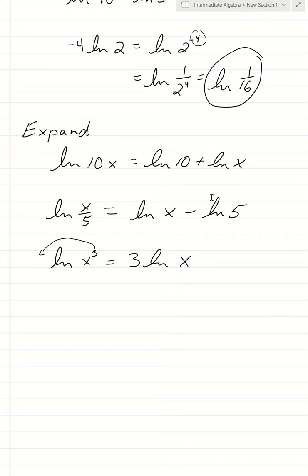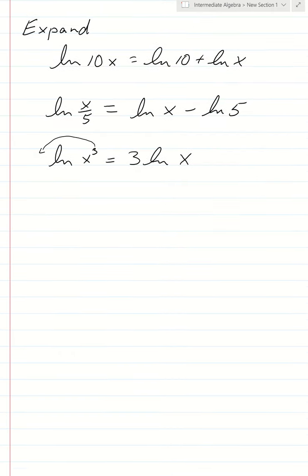These would be considered your expanded forms, because we had a singular natural log expression, and we expanded it out using those properties that we had earlier. So we can either simplify or we can expand. One other thing that we can do with natural logs is that we can solve equations.